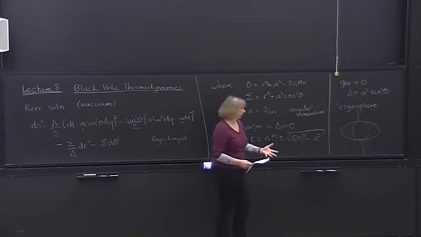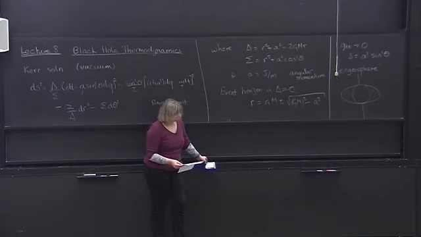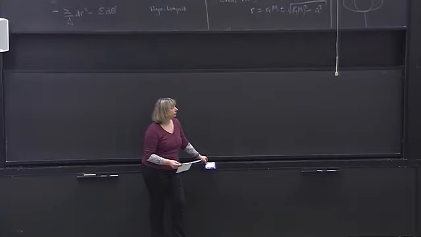So this is kind of what a Kerr black hole looks like. So there's something to notice about this. It's a vacuum solution, but it's only got two parameters, M and a. So there's two parameters only.